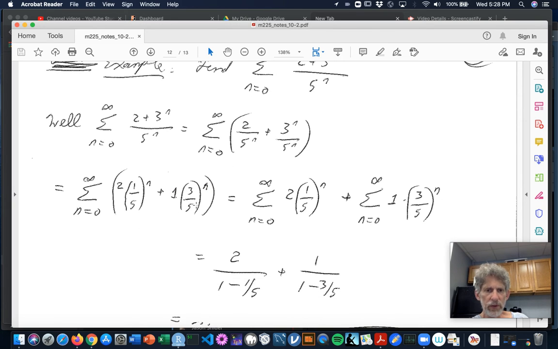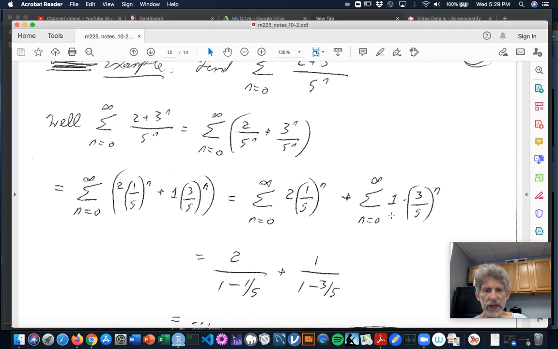And the next move here is a little shady. I've got these terms here, infinitely many of them added together. And what I'm saying is that I can move all the terms that look like this together and move all the terms like this together. So it's like doing commutativity with infinitely many numbers being added up at once.